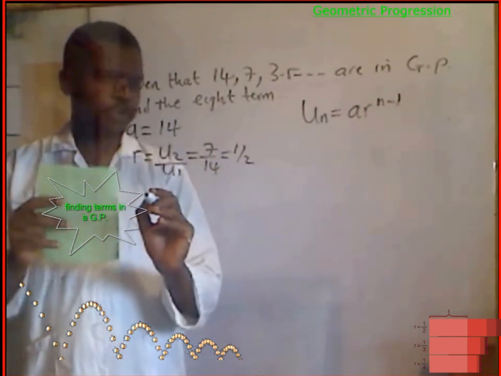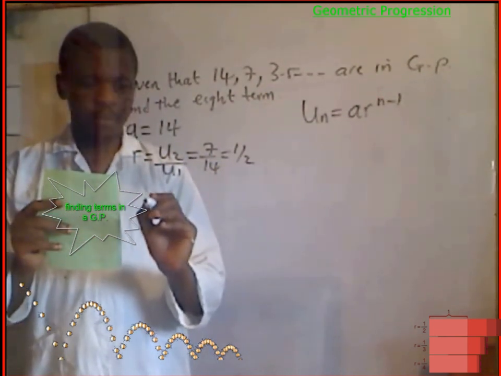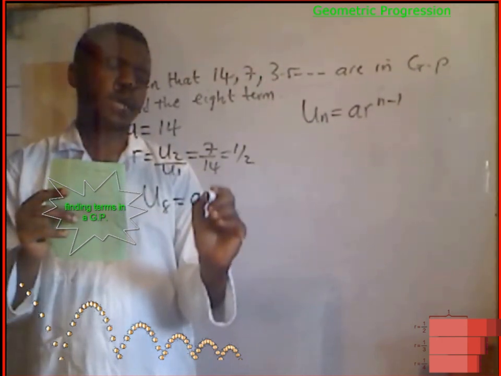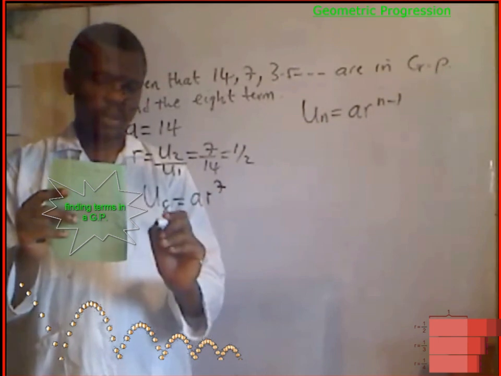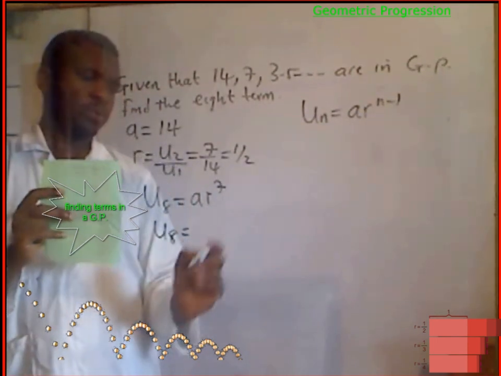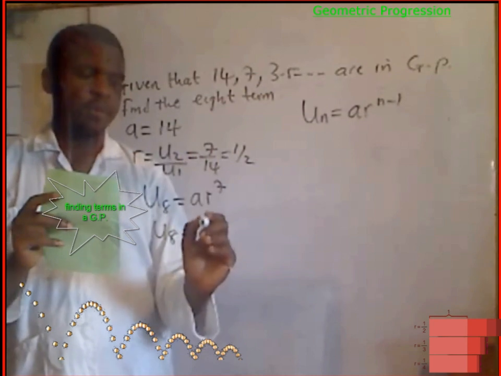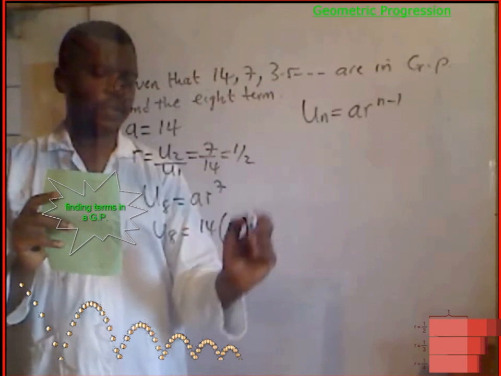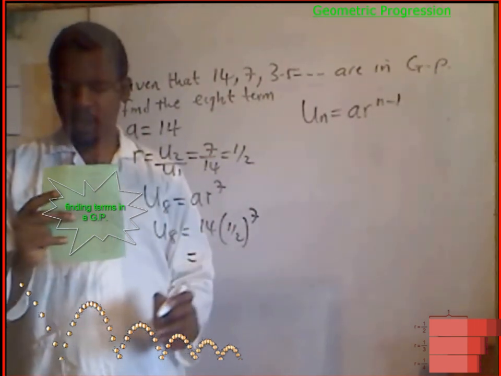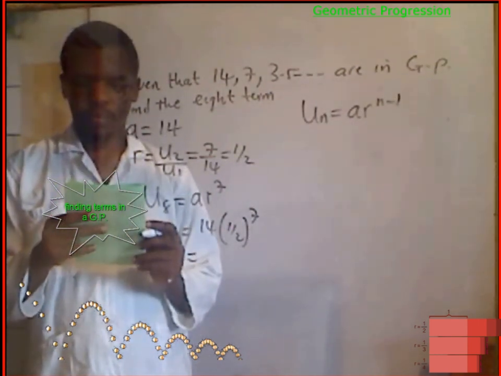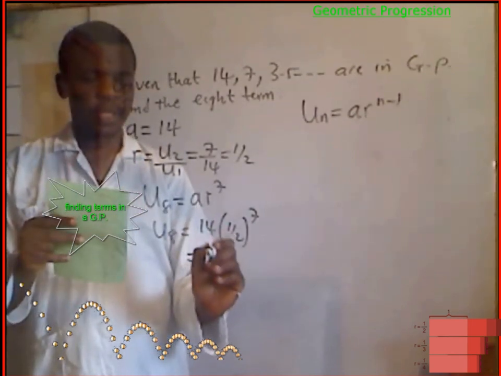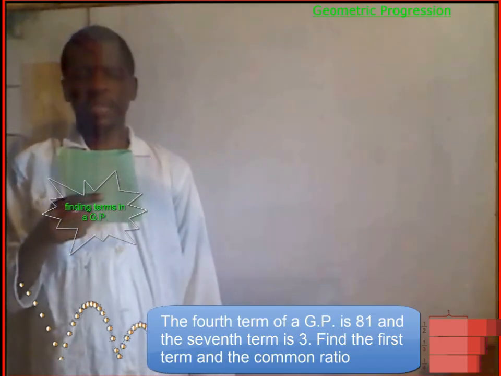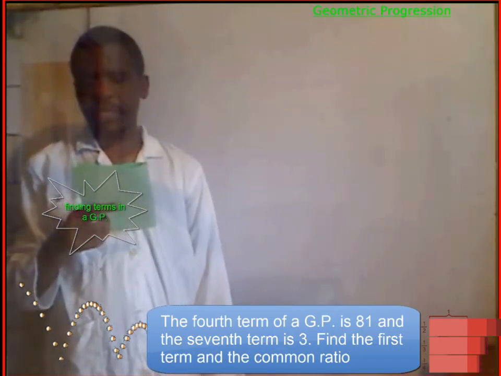So here we'll say our 8th term, U8, will be equal to A times R to the 7. U8 is equal to, for the first term, 14 times half to the 7, to give us 7 all over 64.